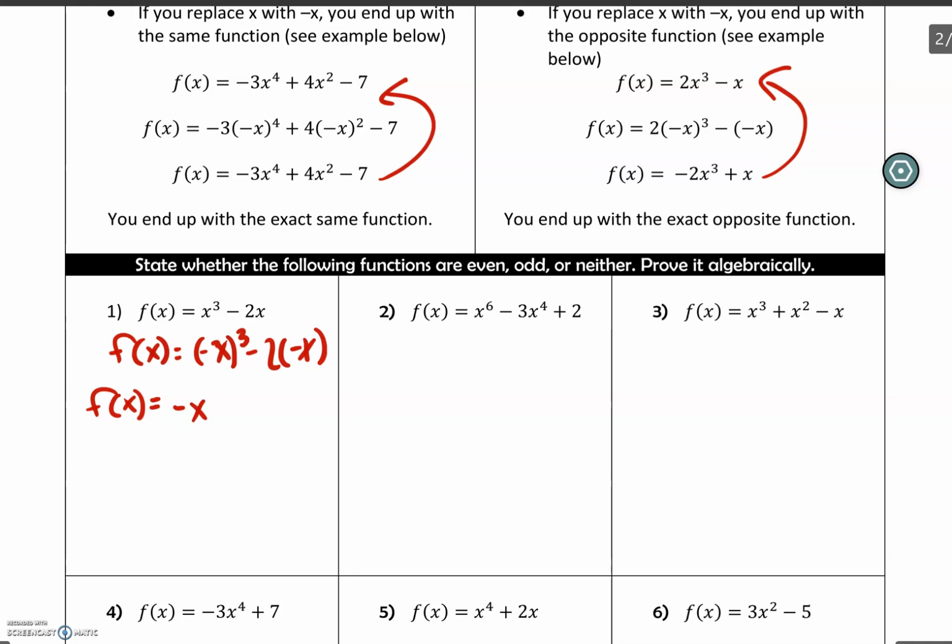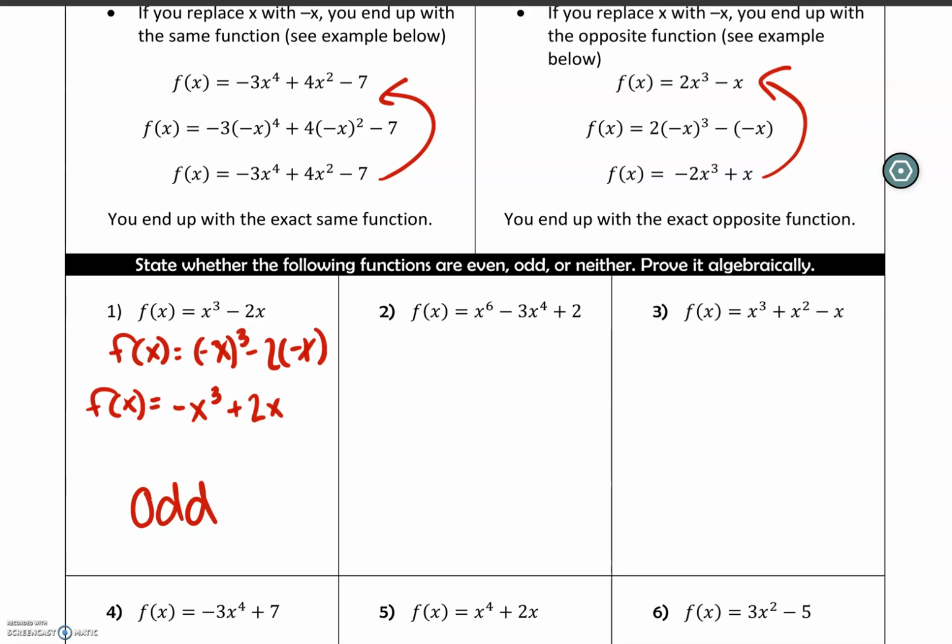So we would have negative x cubed, and negative 2 times negative x would result in a positive 2x. If we look at our starting point, we have a positive x cubed minus 2x. And here we ended up with a negative x cubed plus 2x, being the opposite. This would be an odd function.